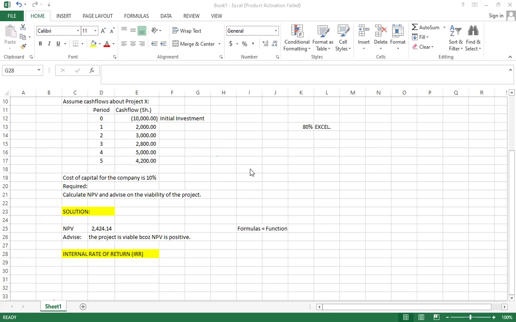Anyone who can remember what the internal rate of return means? By the way, as you define this, you define it in terms of the NPV, which we have already covered. What is the internal rate of return with respect to the NPV? All right.